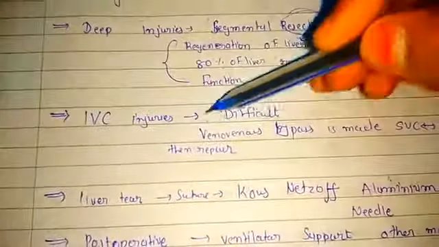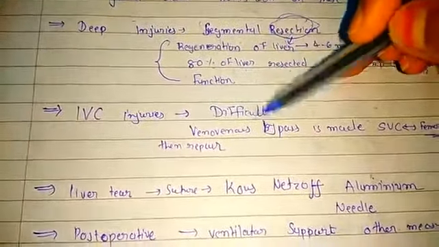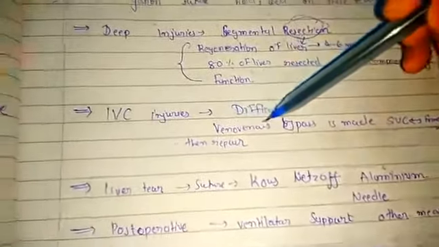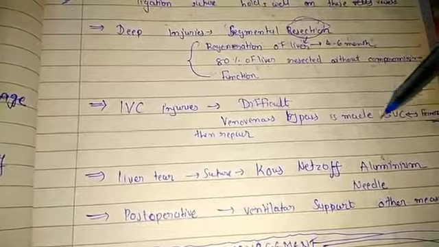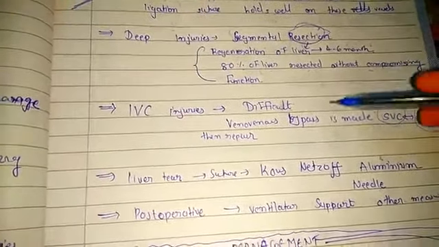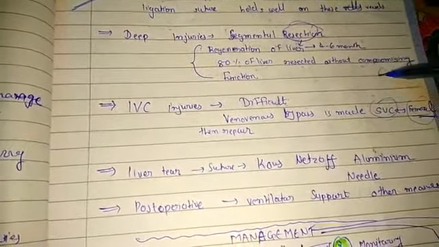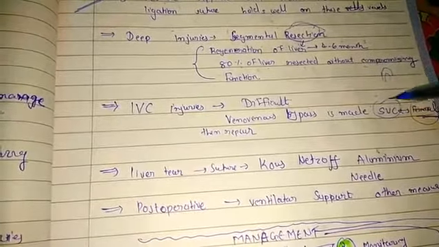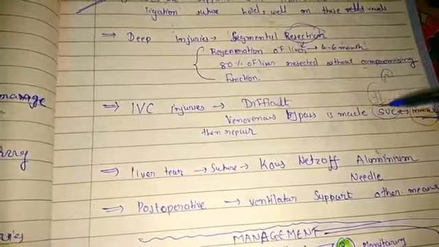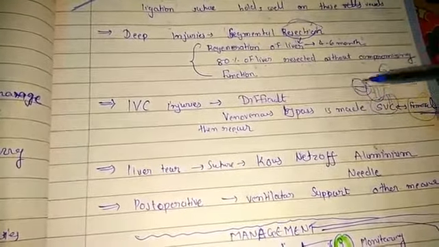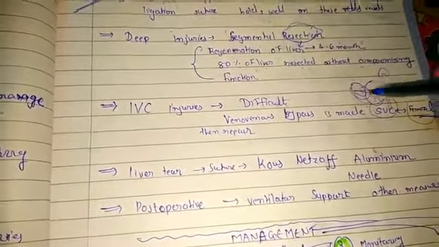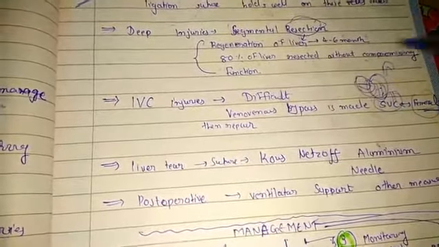If there is an IVC injury, which is very difficult, we should do a veno-venous bypass from the superior vena cava to the femoral vein. The inferior vena cava is bypassed, first bypass the inferior vena cava, then repair the inferior vena cava injuries.